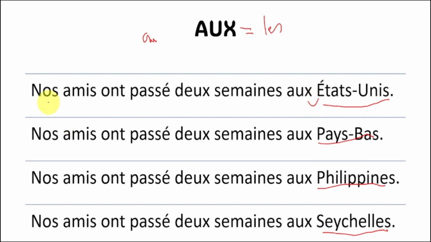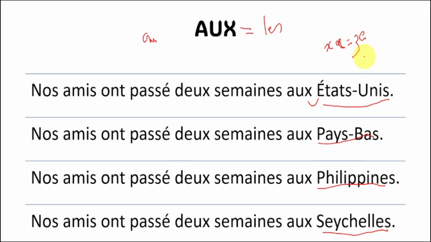So, nos amis ont passé 2 semaines aux États-Unis. So this and this become like this. Nos amis ont passé 2 semaines aux États-Unis.